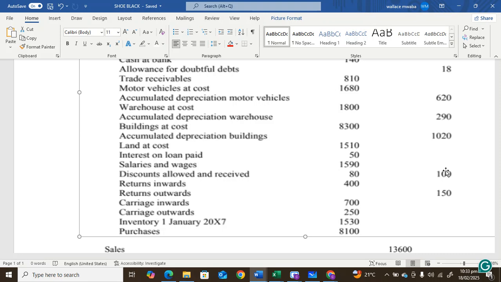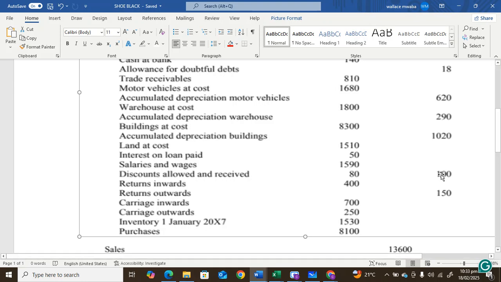Expenses increase with debit. So discount allowed will be on the debit side. Okay, because it's a loss, you're losing money, so that loss is treated like an expense. So on the debit side is the discount allowed. The discount received will be the one on the credit side. Okay, so we're going to pick this 100,000.